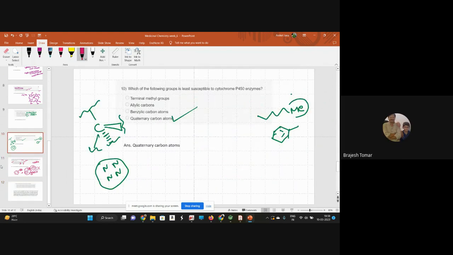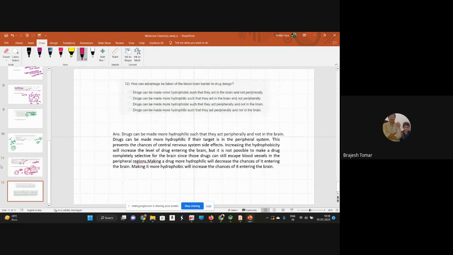But if we make it hydrophobic, then it crosses the blood-brain barrier and acts in the brain more than in the periphery. Yes, so I think in concern of the blood-brain barrier, option A is also true.